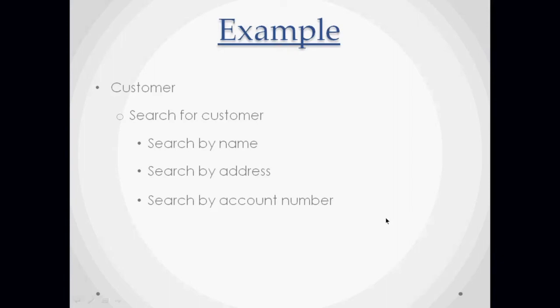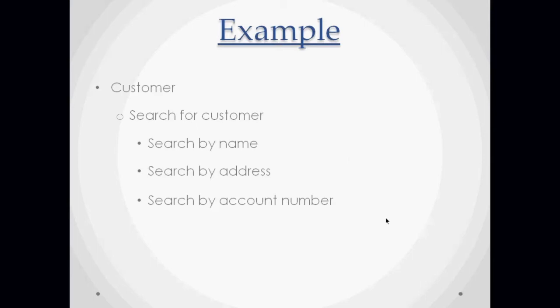This could be one of the requirements for a banking solution, where the banking staff say, if I want to search my customer, maybe you come to the desk or banking hall, you are trying to make an inquiry and they want to search. So I want to be able to search customer by name, so that whenever I type their name, I must be able to find my customer.